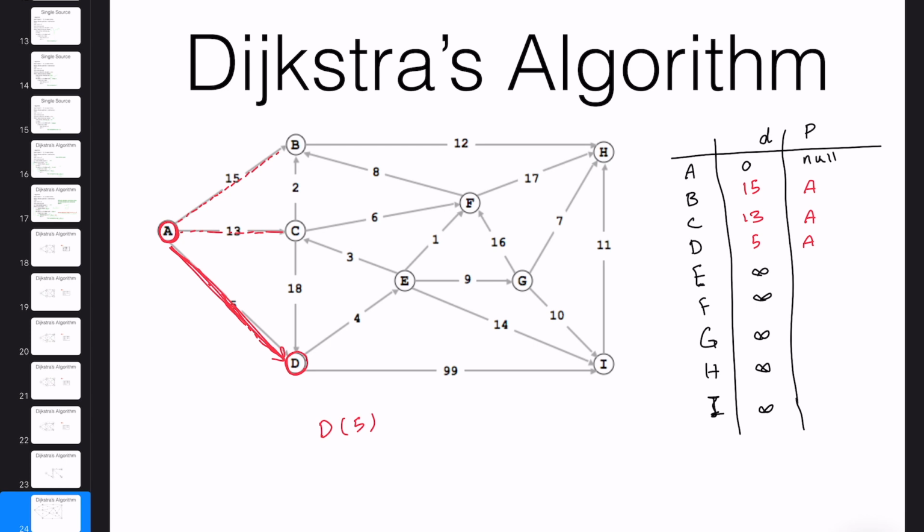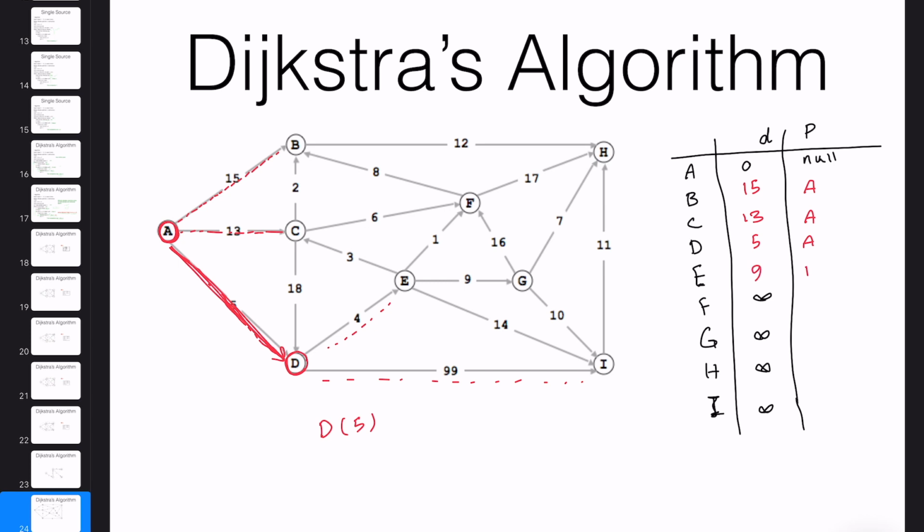Through the node D, you can visit 2 other nodes, E and I. The cost of both of them can be updated. The cost of E will be updated to 9.